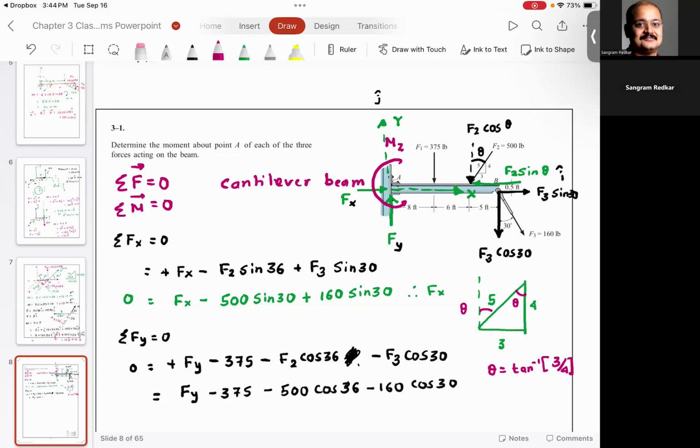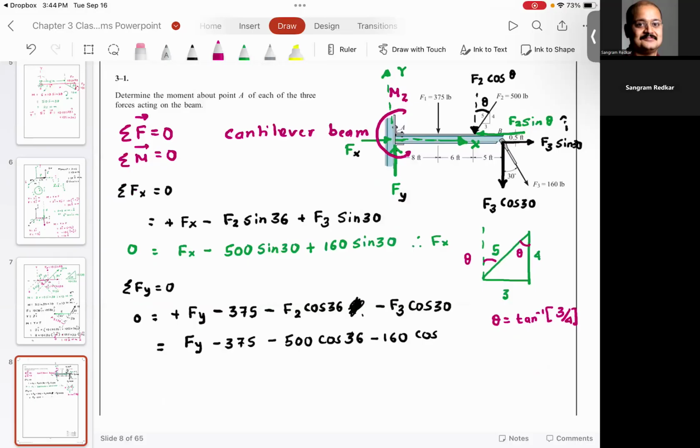Can you see the only unknown in this equation is fy? So you can solve what is the value of fx, what is the value of fy. Cosine 30. Do you agree with me?